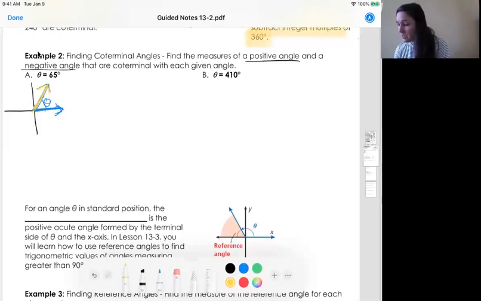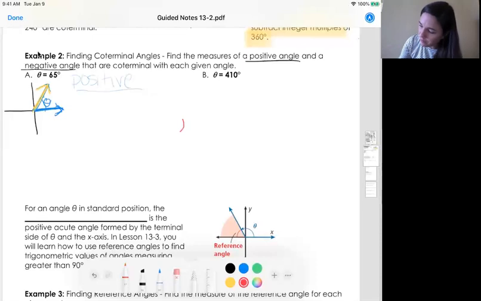So thinking of a different angle, I can make a positive angle. So I can use the formula. They said we can use the formula. So we could take our 65 and add 360 degrees.